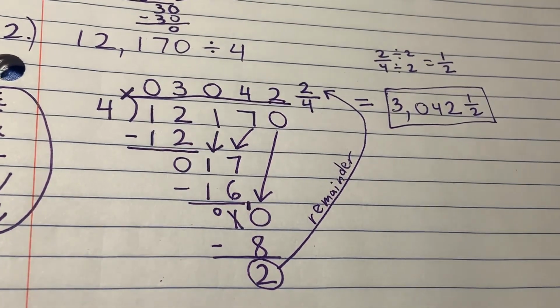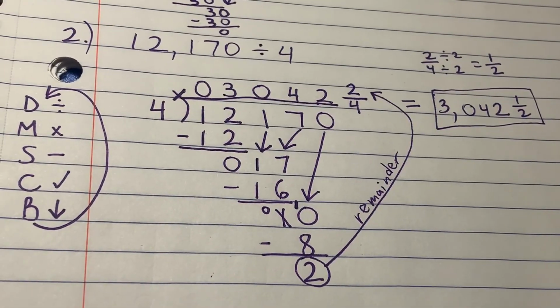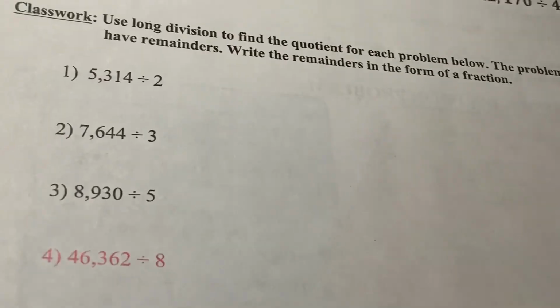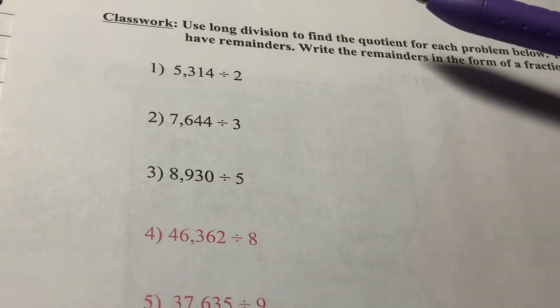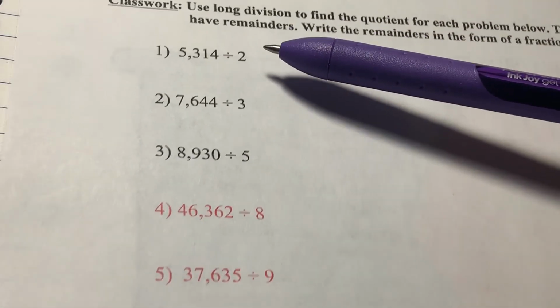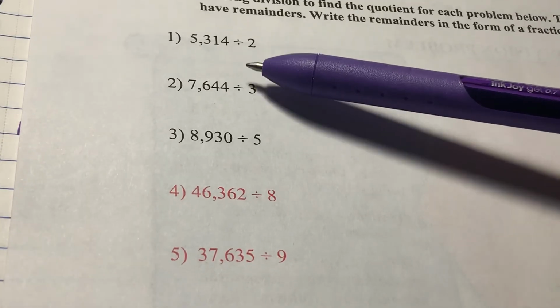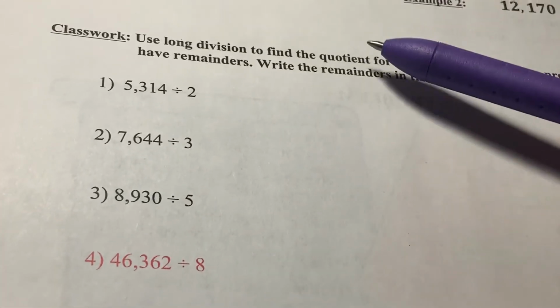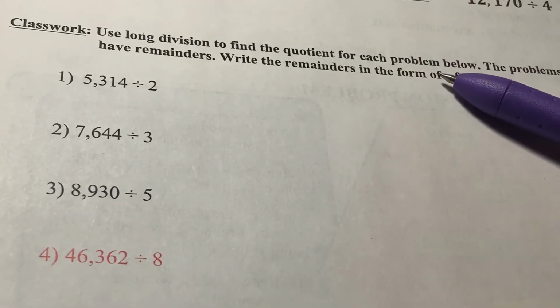All right, so now let's take a look. You have classwork in the form of 6 problems. Okay, this must be submitted to me on Google Classroom. So you must do these 6 problems. 1, 2, 3, 4, 5, 6. And guess what I did for you? I already told you in the directions, right?